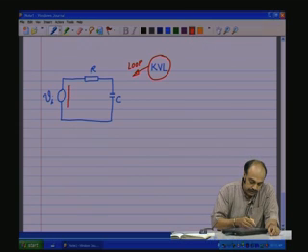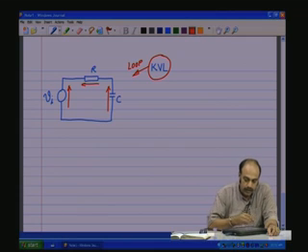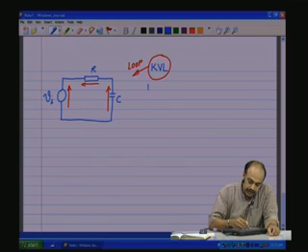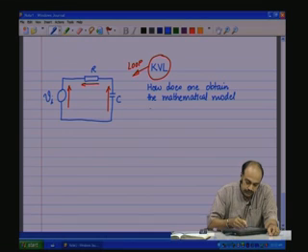Now there is a voltage which is considered this direction. There is a voltage across R which is this direction. There is a voltage across C which is in this direction. So now the question, how does one obtain the mathematical model of the circuit?